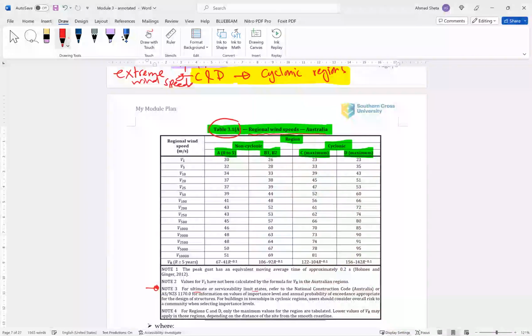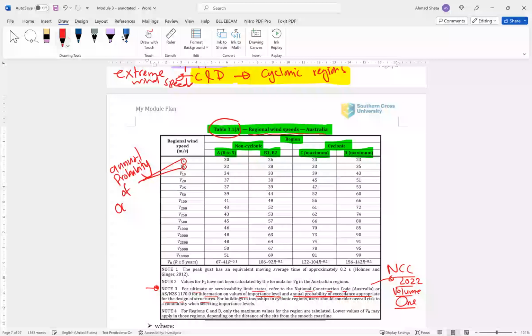For ultimate and serviceability limit speed, refer to the National Construction Code, NCC 2022, Volume 1, which gives us information on values of importance level and annual probability of exceedance appropriate for the design of structures. So these numbers are called annual probability of exceedance.